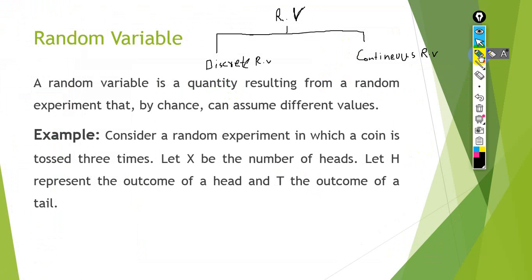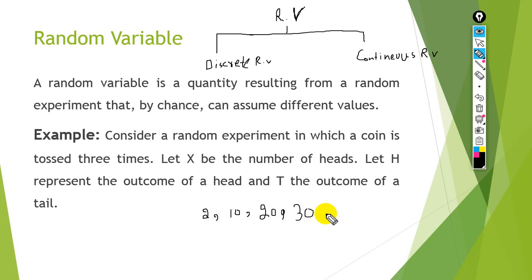Continuous, for example, I'm giving you an example. When we are taking number of students, for example, number of students, we can say number of students is equal to 2, or 10, or 20, or 30.